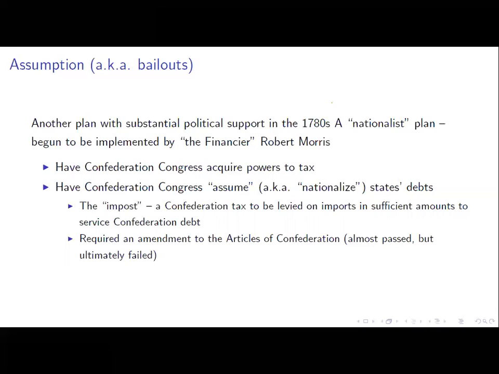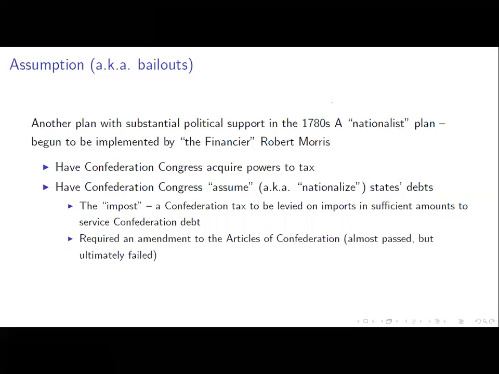This is going to move people's political interests and move the center of power away from the state governments to the federal government, the central government. Essentially, think about it: if you're owed money by a government, then you want that government to succeed and to be strong, because you want to be repaid. If the states owe you the money, then you want the states to be well funded and strong, and your interests are aligned with the state governments.